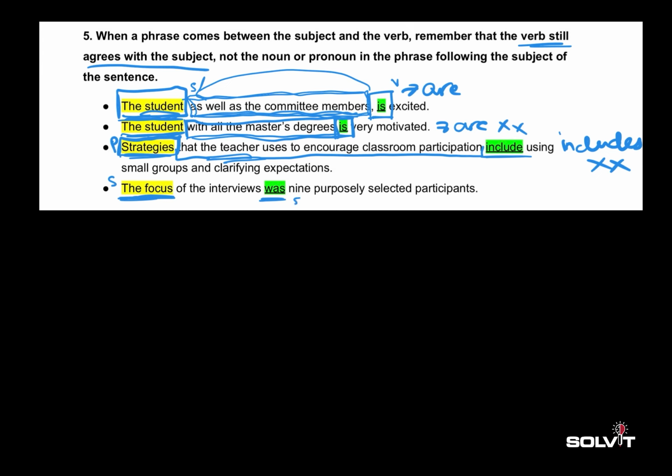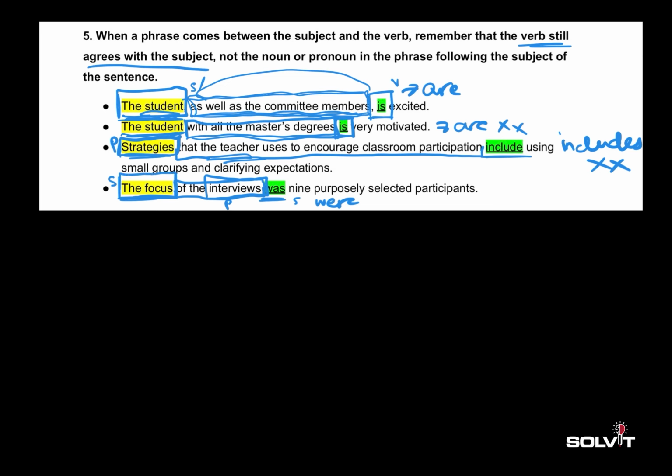Okay, so there's an extra phrase in the middle, which if we ignore, and we read the rest of the sentence, it will go like "the focus was 9 purposely selected participants," which makes perfect sense. Now, I can't say "the focus were" just because the word interviews is plural. It does not mean that my verb will be plural, because my sentence is not about the interviews. My sentence is about the focus.